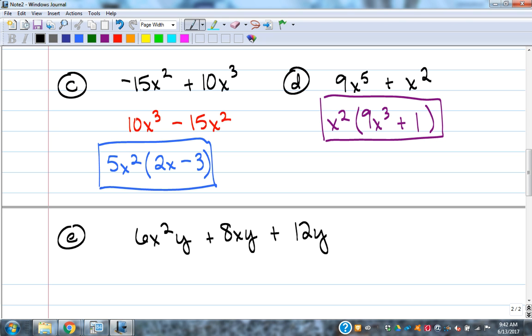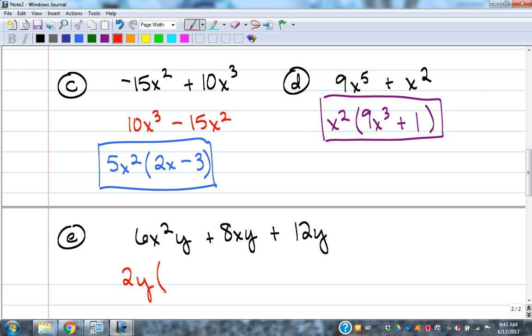So on this one, is there a GCF between all 3 terms? 2. 2 goes into 6, 8, and 12. And then y is on everybody. So y is the variable that they have in common. So 2y would be the GCF. And then our parentheses are going to have 3 terms left in it.